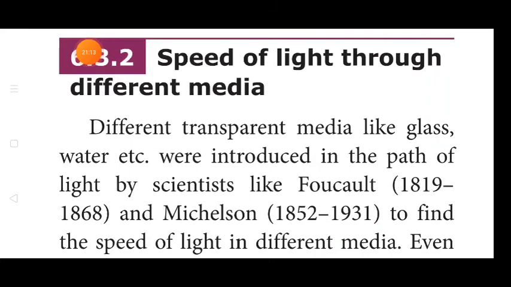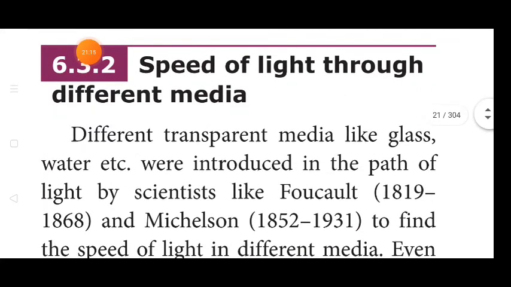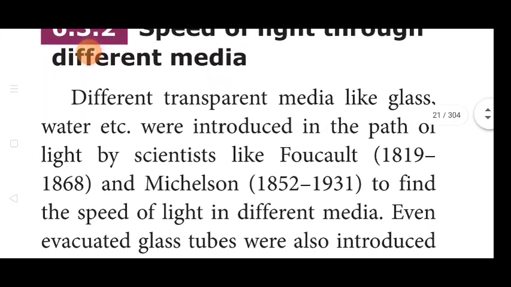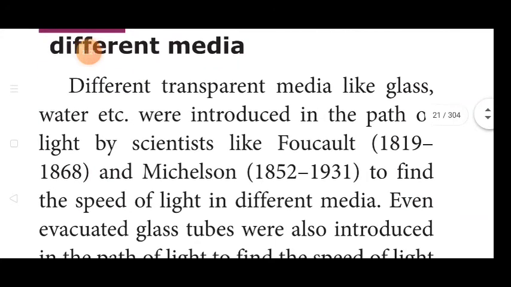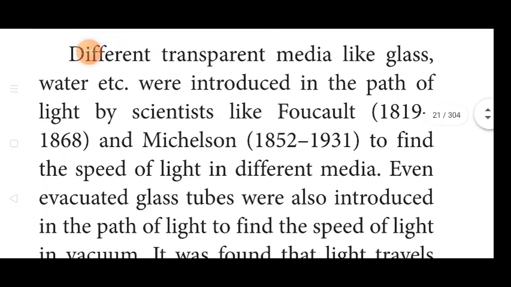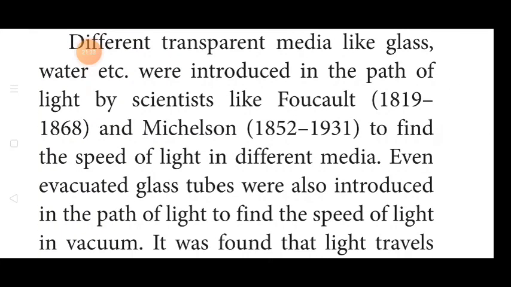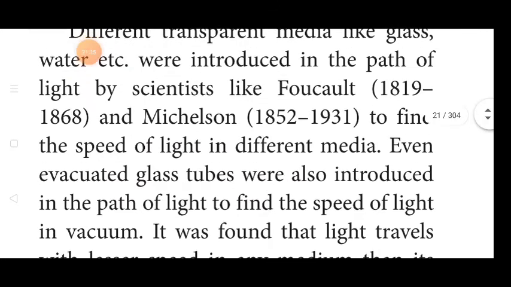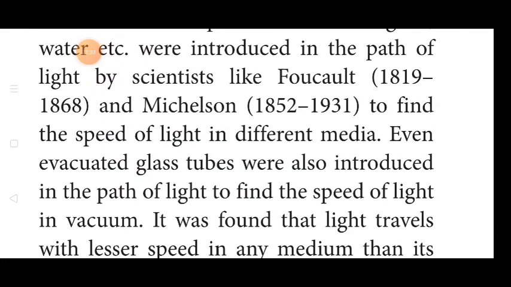Our next topic is speed of light through different media. Different transparent media like glass, water and so on were introduced in the path of light by scientists like Foucault and Michelson to find the speed of light in different media. Even evacuated glass tubes were introduced in the path of light to find the speed of light in vacuum.